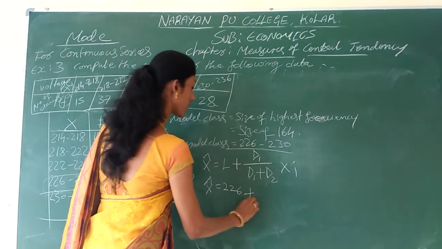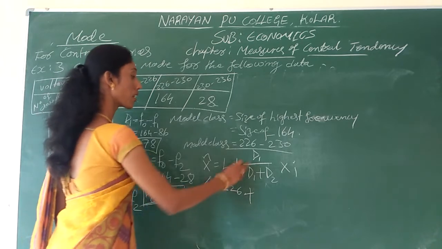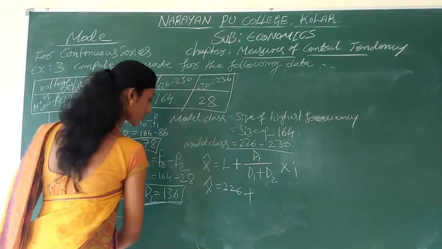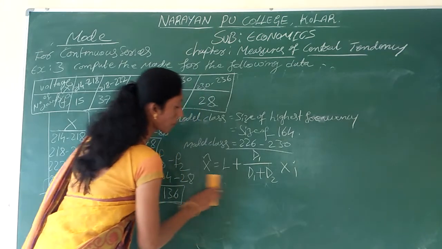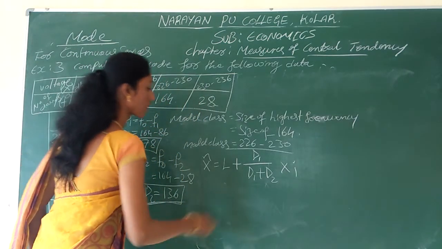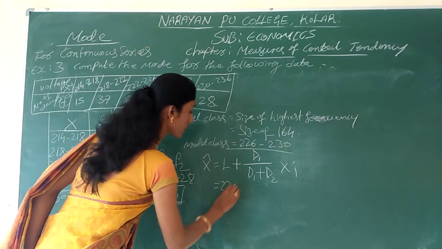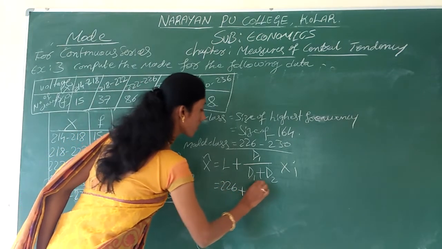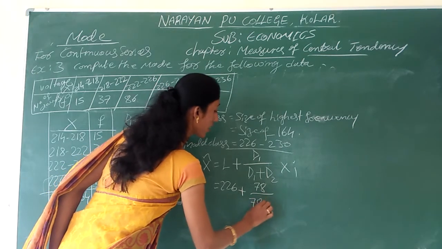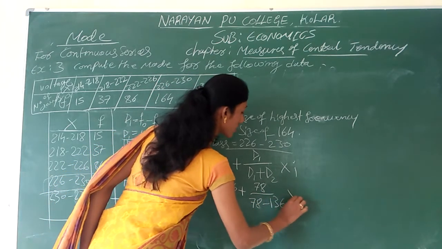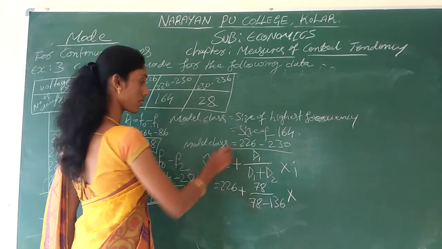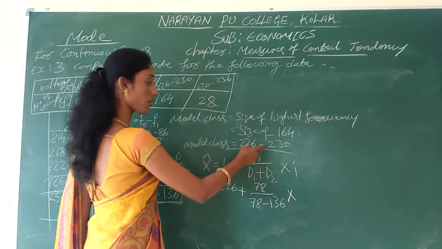Then 226 plus D1 is how much? 78. Sorry. 226 plus 78 divided by 78 plus 136 into I. Here I means size of class interval. 226 to 230, what is the difference?